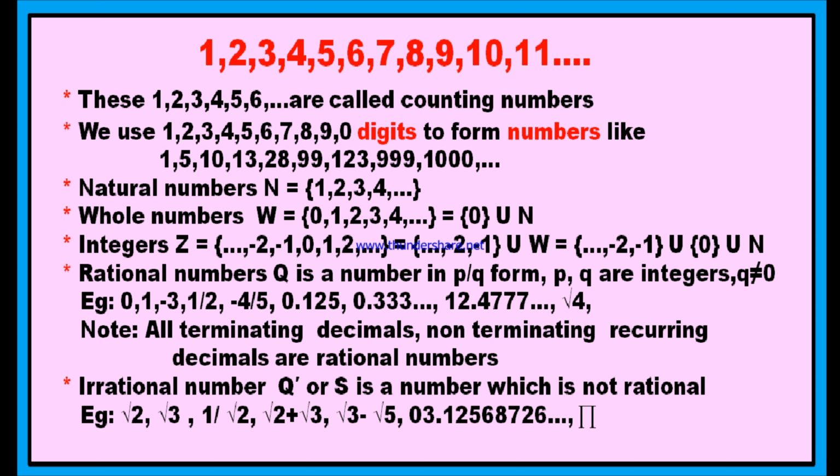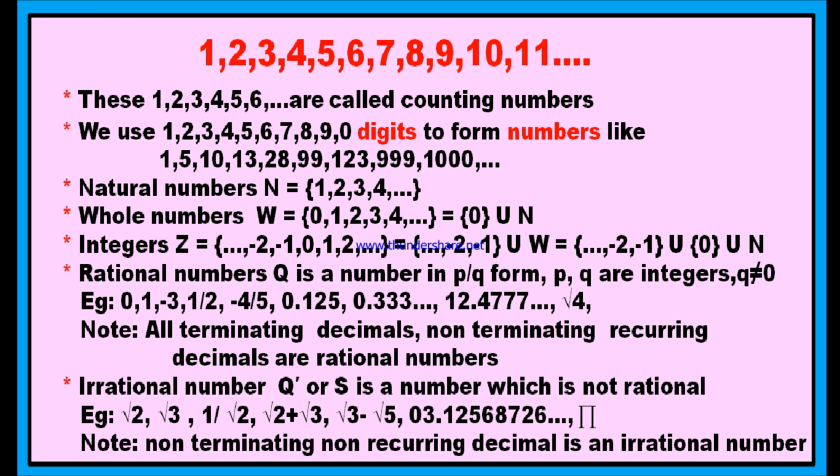Pi value is not exactly 22 by 7. It is nearly equal to 22 by 7. The value of pi is very nearly equal to 22 by 7. Therefore, it is an irrational number. Here is the note: non-terminating and non-recurring decimal numbers are called irrational numbers.